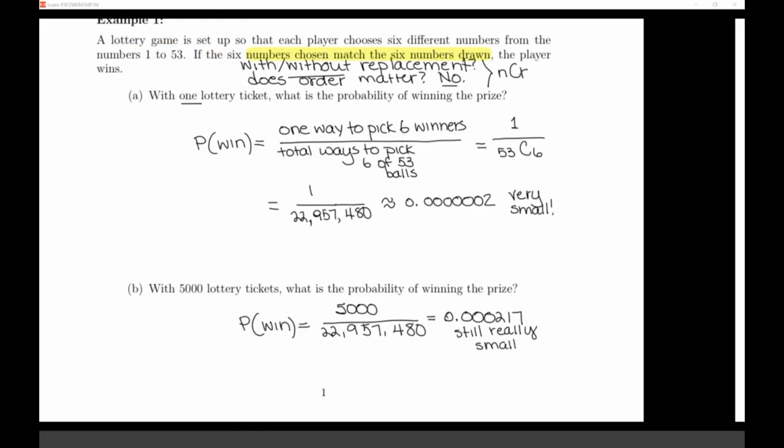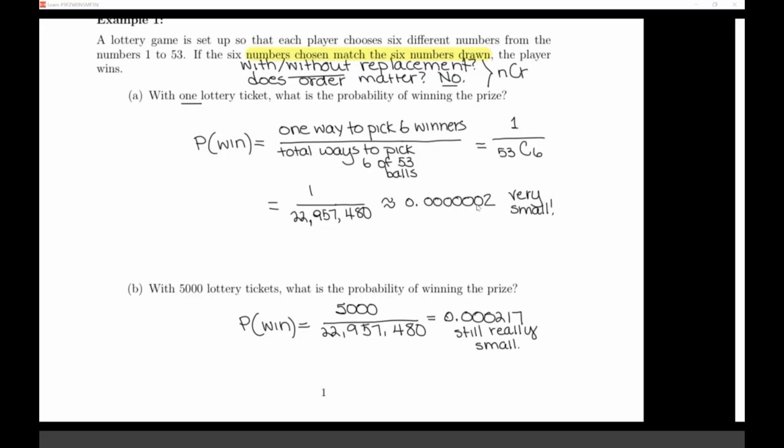So when your odds are 1 in 22 million, buying hundreds or thousands of dollars of lottery tickets doesn't really increase your odds that much. Yeah, you've increased them 1,000-fold here.